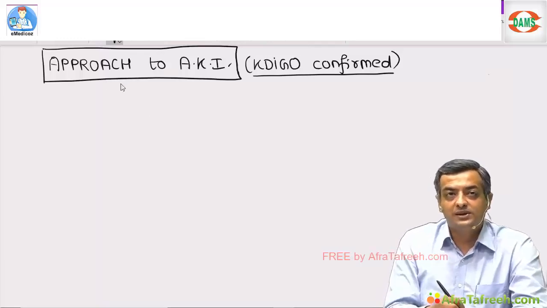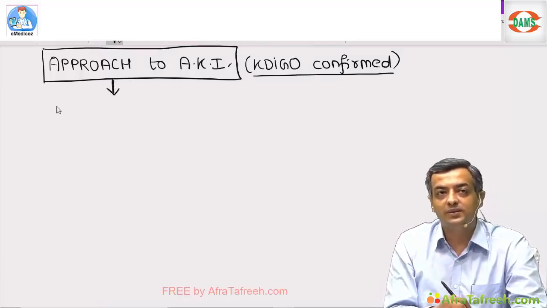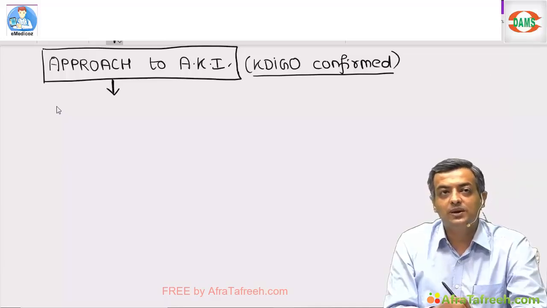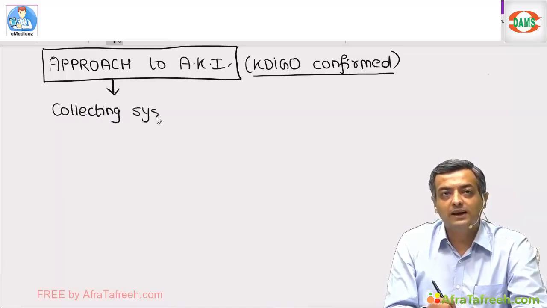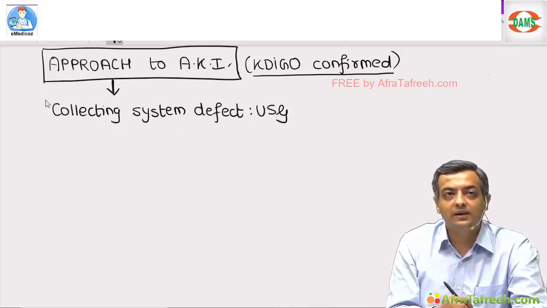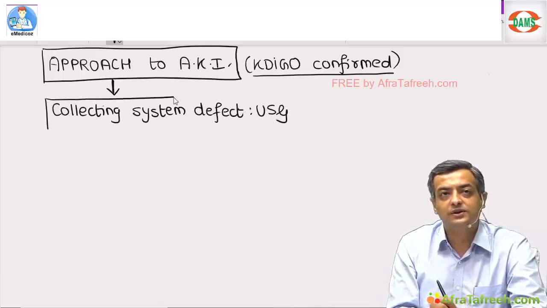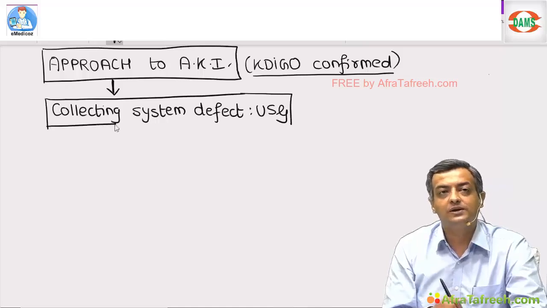You just know the presentation that it is acute. So the first step in a patient with acute kidney injury is to look at the collecting system defect on the ultrasound. Collecting system defect on the ultrasound is the first thing to see in a patient of acute kidney injury.